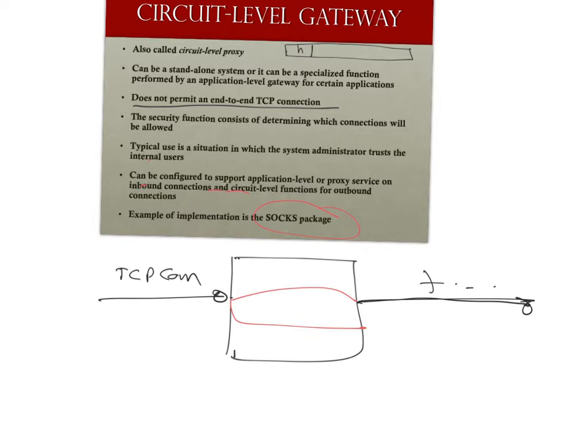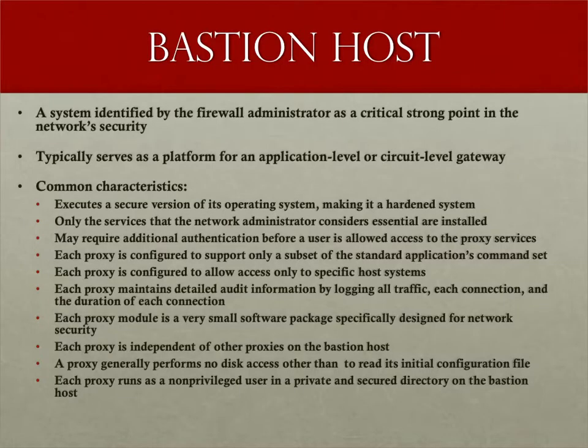Sometimes some software has a configuration where you have to put a SOCKS server. The SOCKS server is actually the proxy server. The proxy server can be application level and or circuit level proxy. So it can provide application level proxy and or circuit level proxy. Okay, so apply one of them or both.